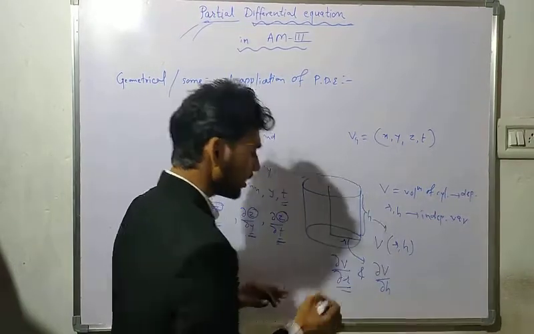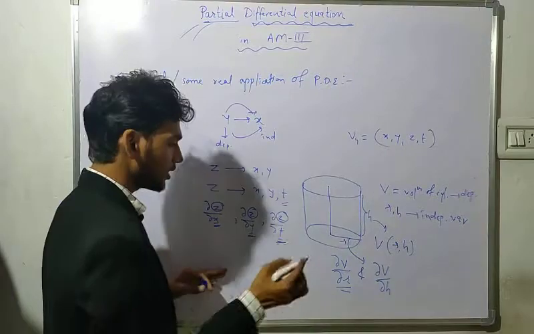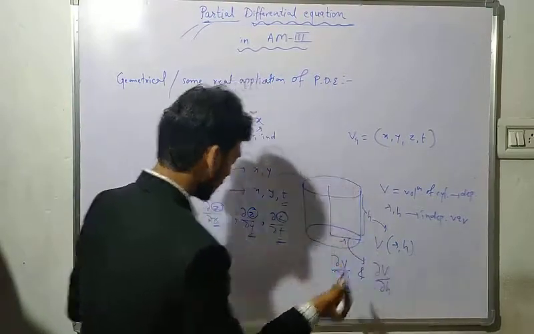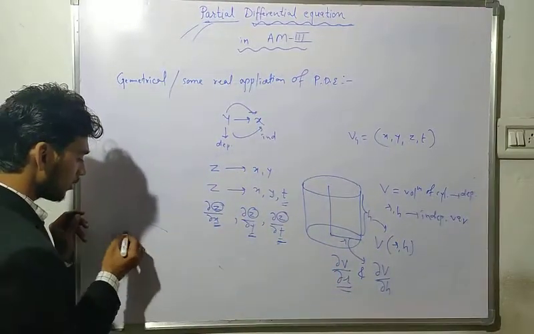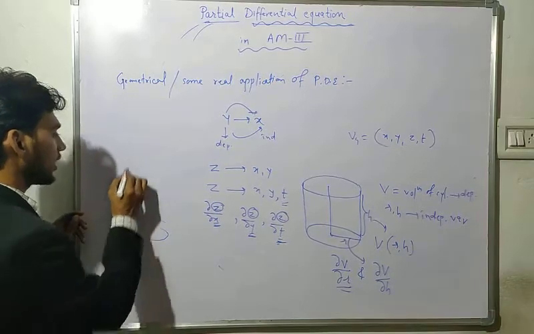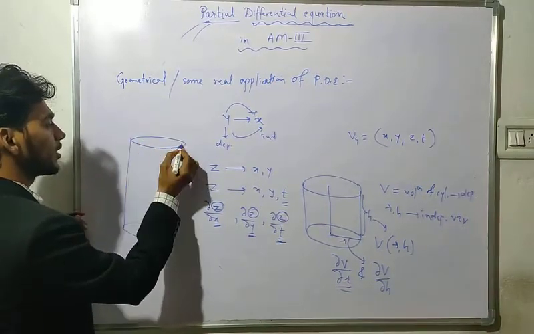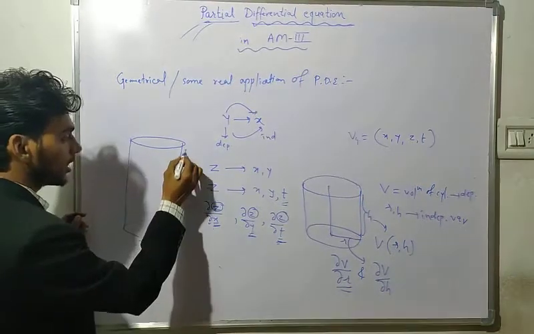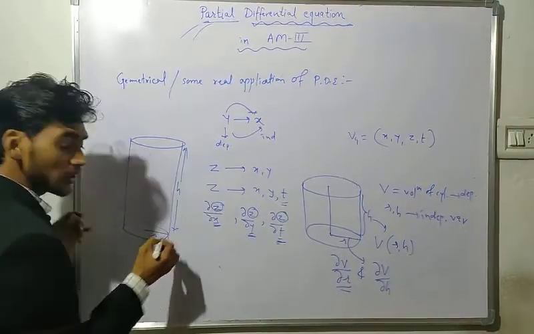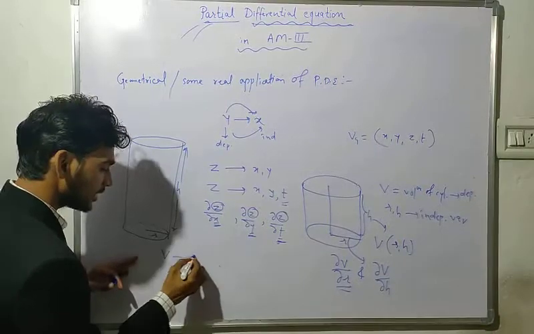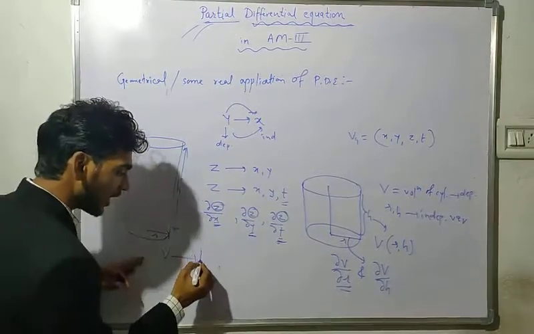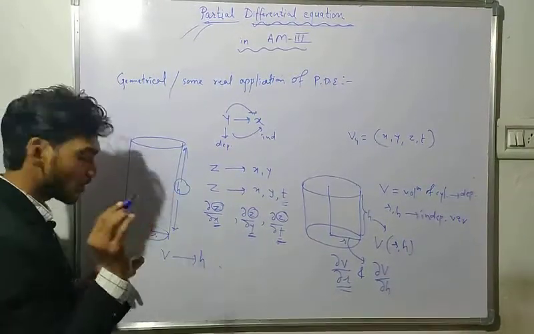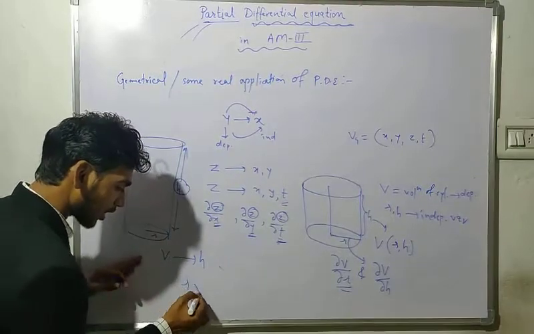Why is this separate? For example, if you do not increase the radius but increase the height, then in this case the volume of the cylinder changes with respect to h, with respect to height, not with respect to r.